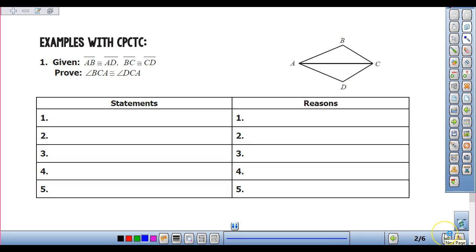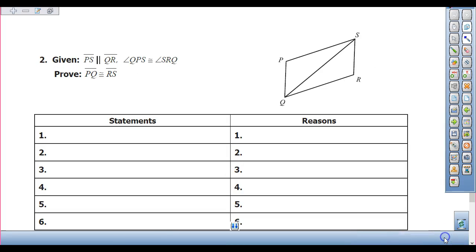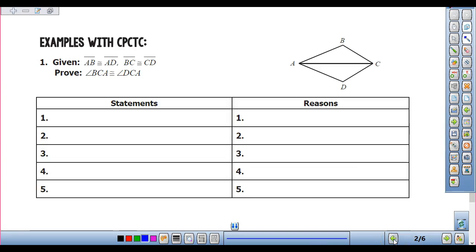So as far as proving triangles congruent, this guy wants the angles to be congruent. So first we're going to prove that the triangles are congruent. We're going to start with AB is congruent to AD.